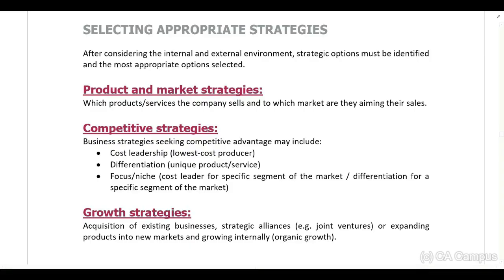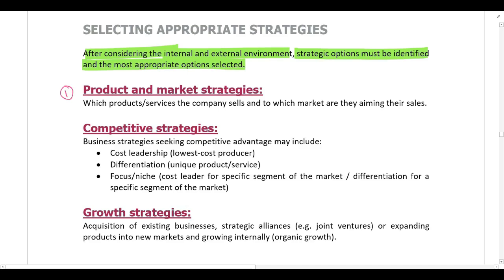So we are now looking at selecting appropriate strategies. So after considering the internal and the external environment, strategic options must be identified and the most appropriate options must be selected. So first, the company is going to look at their product and their market strategies. Then they are going to look at their competitive strategies. And lastly, they will look at their growth strategies.